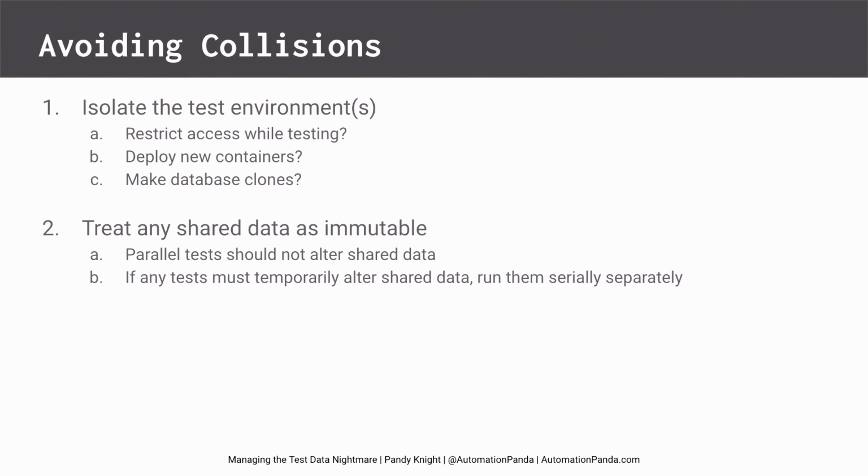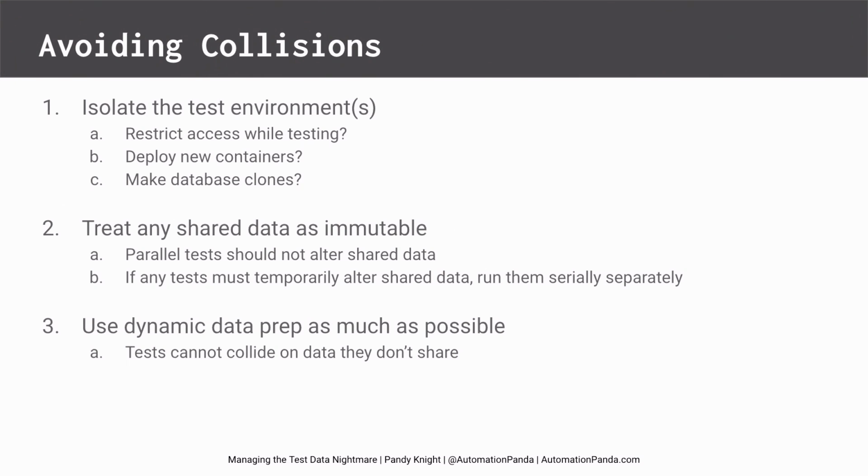Any changes to shared data could break your tests. For example, one test might require a car loan, but another might delete the car loan type from your application. Any test that must alter shared data should be run serially instead of in parallel, and they should always undo changes that they make. The ideas of do no harm and leave no trace.